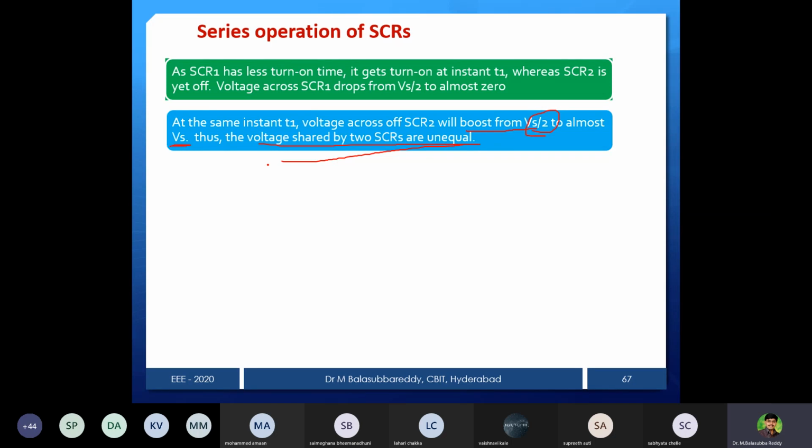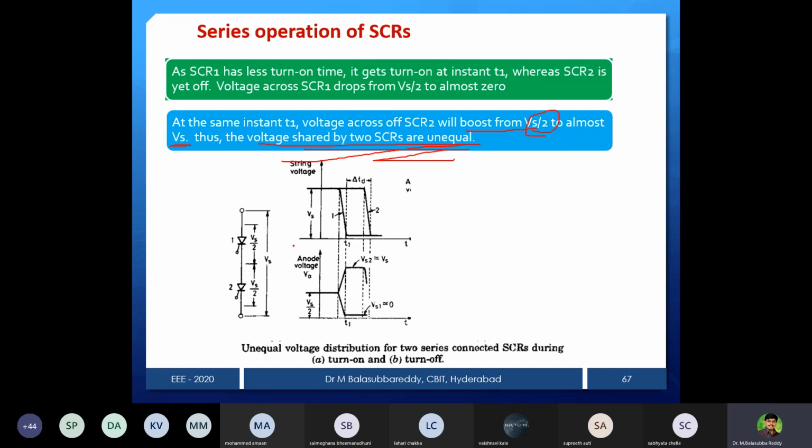To turn it on, we require some time, that is the turn on time of 1 to 4 microseconds, as I told in the dynamic characteristics. So I make it on, it will require some time. If that time is more, the second SCR will remain in the off state only. Therefore, total blocking voltage is applied across SCR2. That is the problem. Now one SCR is sharing 0 voltage, the other one is sharing the total voltage. The voltage shared by the 2 SCRs is unequal. That is the problem.